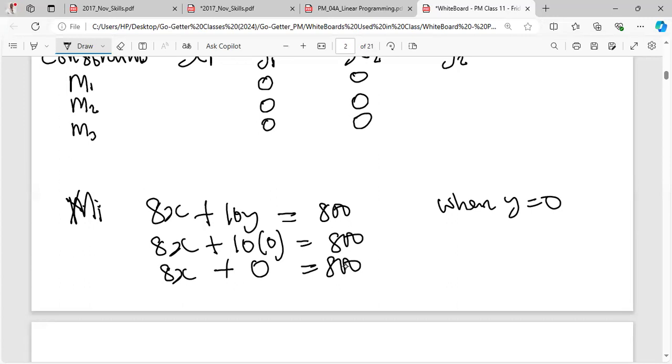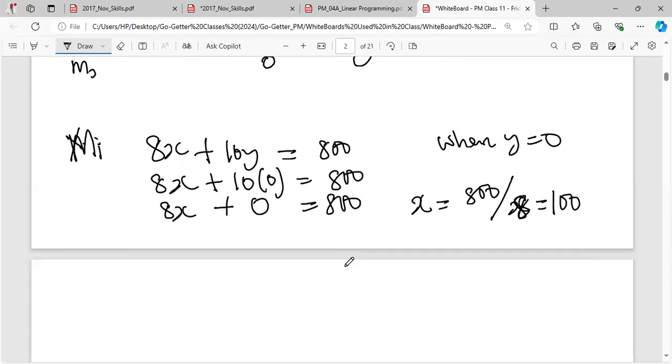That's 800. So therefore, x will be equal to 800 divided by 8. And that will give me 100. So that means 100 will be here. So when y is 0, x is 100.